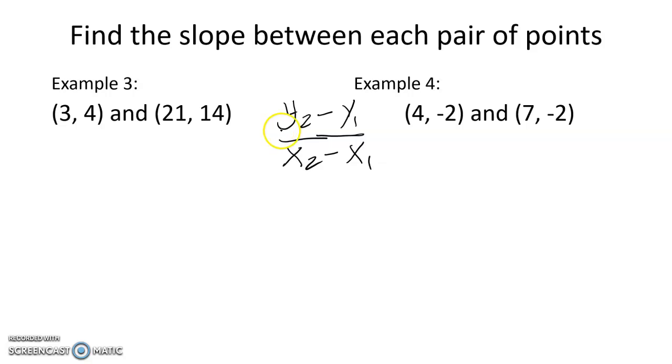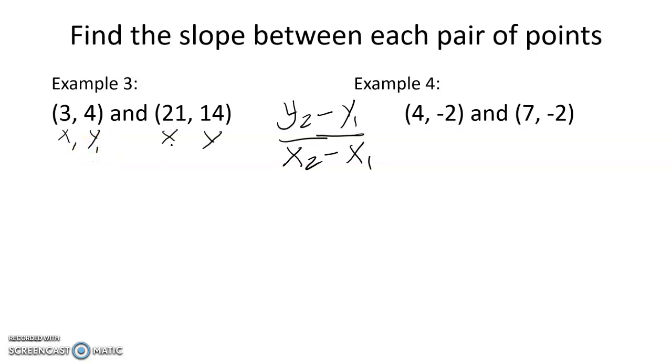Well, how do we get these points here? These are x values right here, and these are y values. Let's say this is my first point. This will be x1, this will be y1, this will be x2, this will be y2. Then I just plug the numbers into my formula.